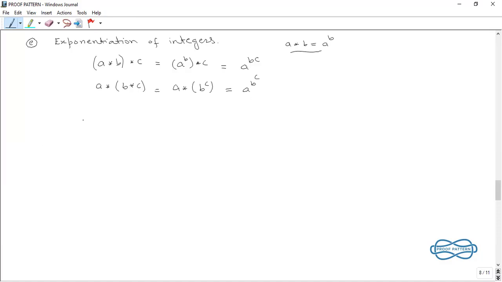Now we will see by some particular example, if we take A equal to 2, B equal to 2, and C equal to 3. We have to solve these two sides. Okay. Then A to the power BC is equal to 2 to the power 6, because B is 2 and C is 3, so its product is 6, and this is 64.